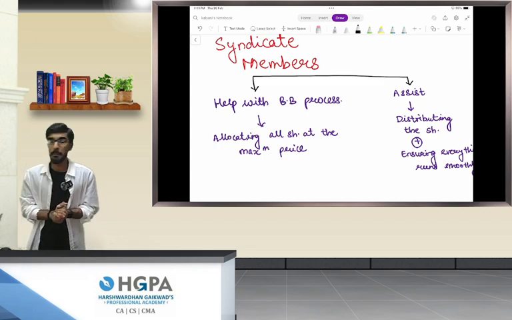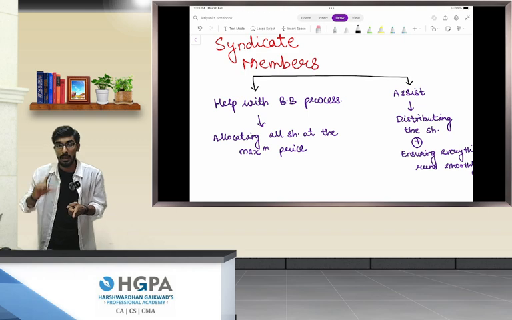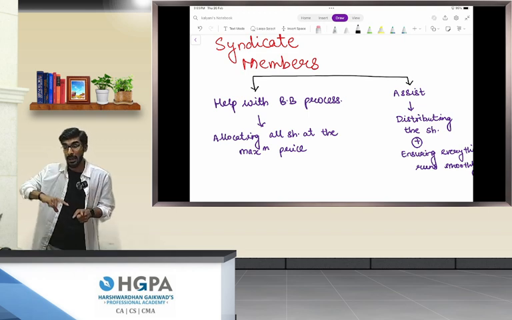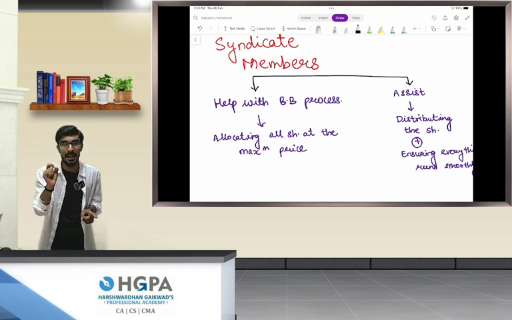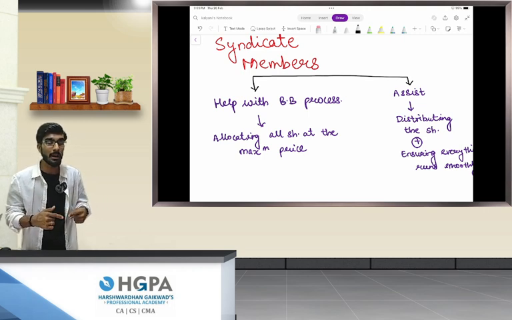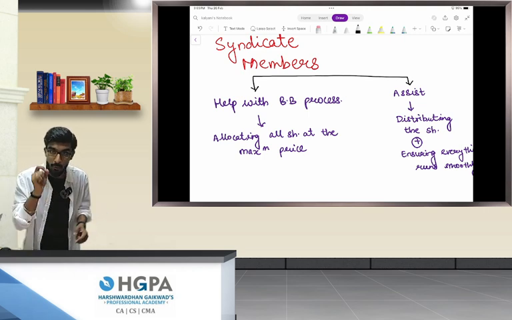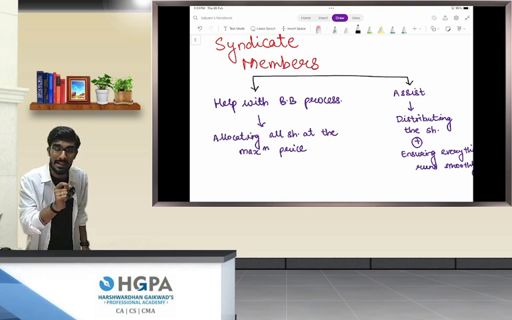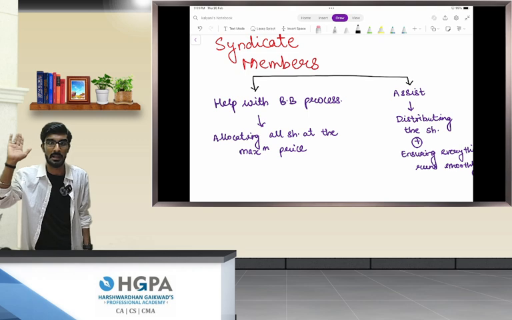Syndicate members help with the book building process. They allocate all the shares. They are responsible for allocating all the shares at the maximum price. The book building method is basically finding out the maximum price at which all the shares will be subscribed.